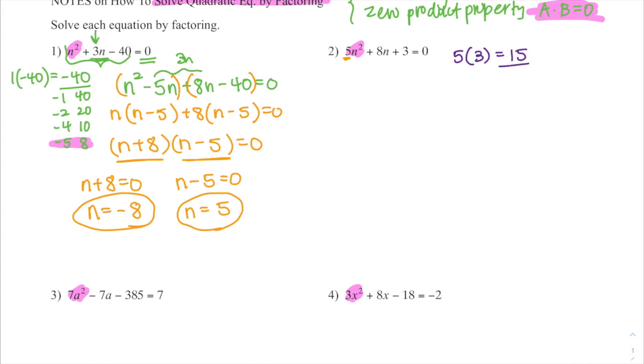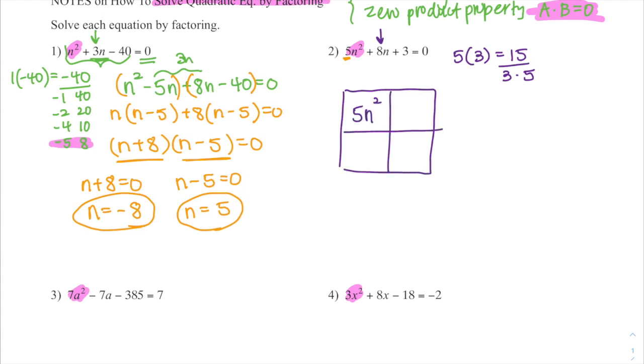So we need factors that multiply to positive 15, but they need to add to positive 8. Well, that's pretty simple, 3 and 5. So I'll factor this one using the box method. 5n squared and our 3. Now we'll put our 3n and our 5n.